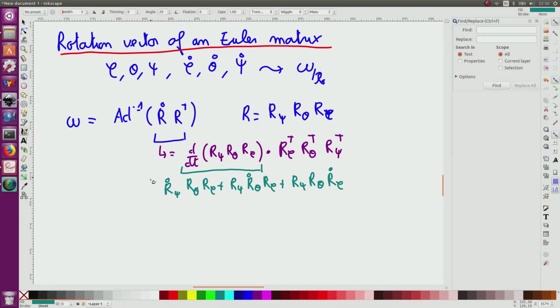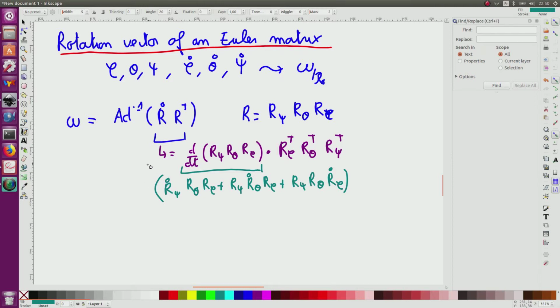So now, of course, this one I have to multiply by this one, and we can see that we will have some simplification, since I know that a rotation and its transpose, if I multiply them, I will obtain the identity.